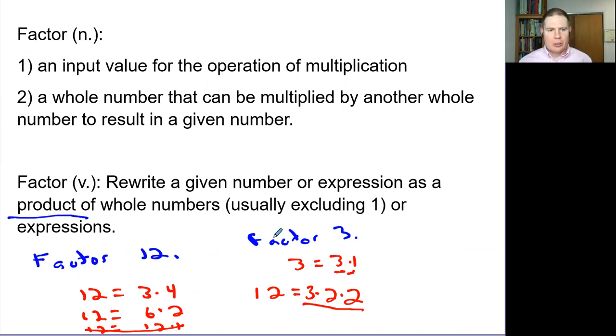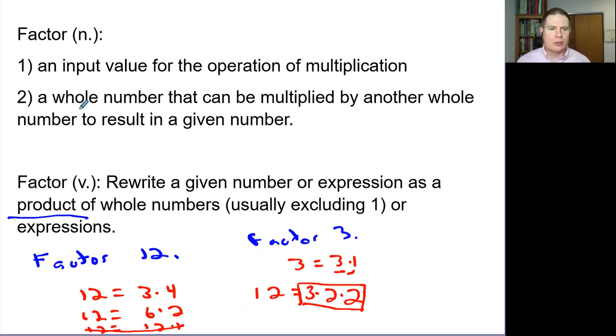This word factor means this definition. Right? Is to write the product. Rewrite the number as a product. So this is one of my answers, and these are some other possible answers to that question. That's a very different direction than asking you to list the factors. All of these numbers, 1 and 12 and 6 and 2 and 3 and 4, are factors of 12, right?